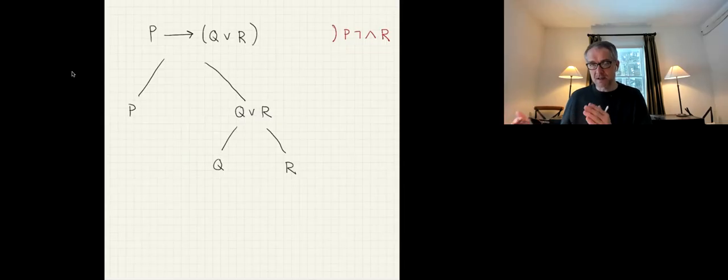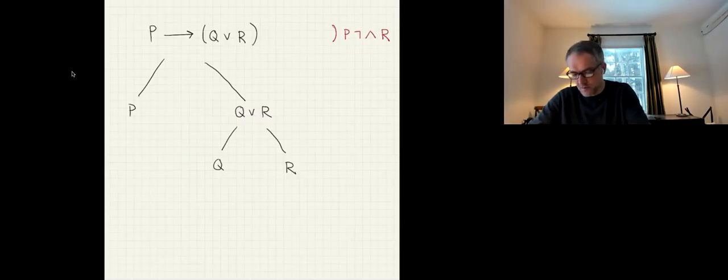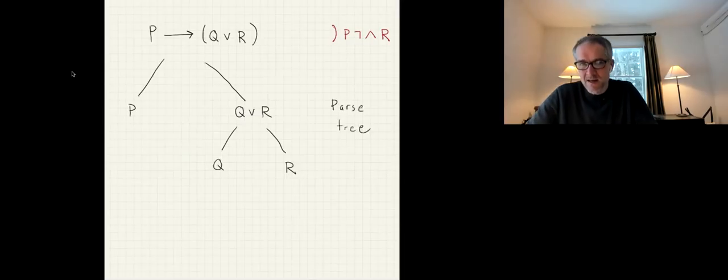The one on the bottom is or, the one upstairs is if-then. So this is what is actually called a parse tree. Computer scientists out there will know this from another context. This is a parse tree for the formula. We're not going to need to be more precise about that. We're not studying parse trees here.